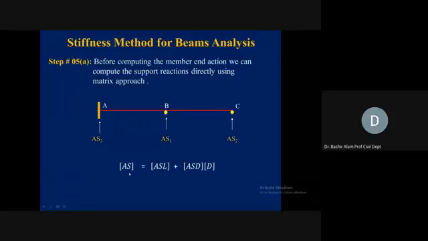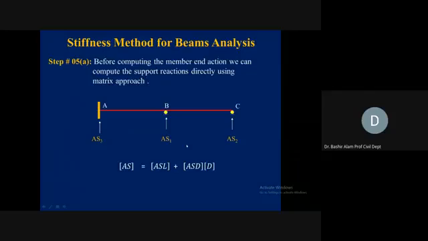Now, AS1 is where you should be looking at the reference. At support B, the vertical reaction we are showing with AS1. The vertical reaction at C we are showing with AS2, and the vertical reaction AS3. And you should be looking at their positive directions also. We consider the upward direction as positive.